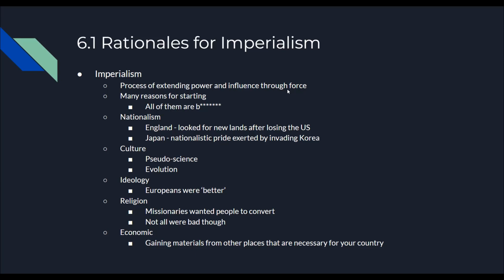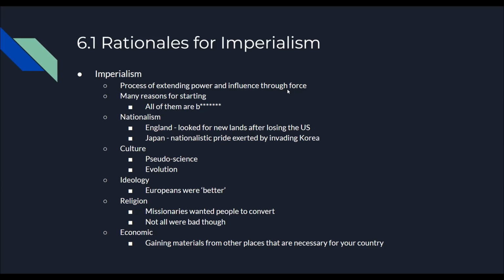You also had scientific justifications with pseudoscience such as social Darwinism, which used Darwin's ideas of evolution and turned them into showing that some races or ethnic groups are inferior to others, with white men or white women at the top and everyone else lower and lower.